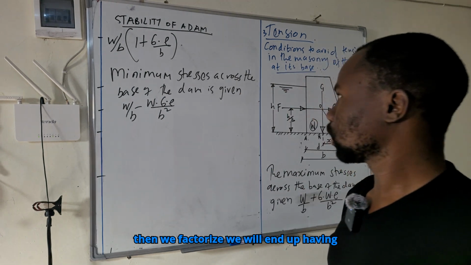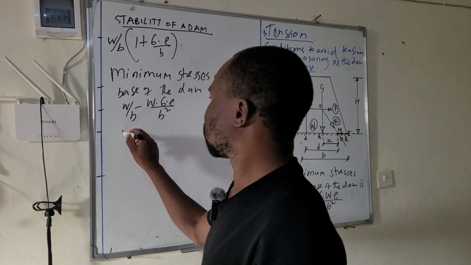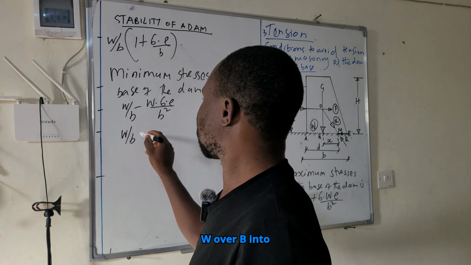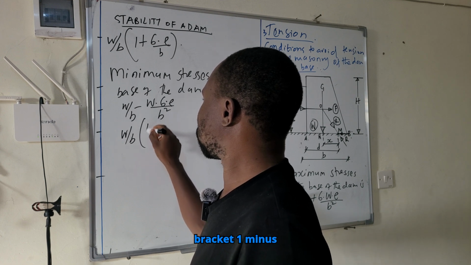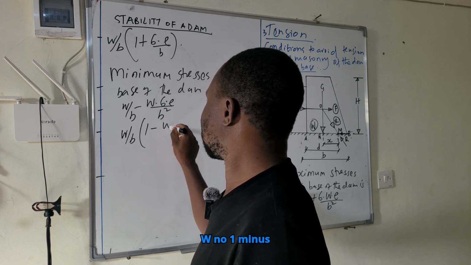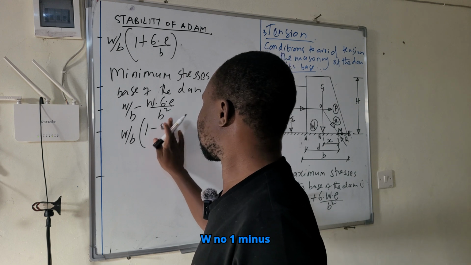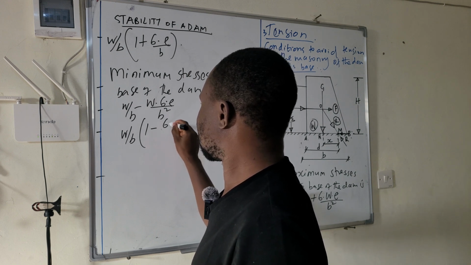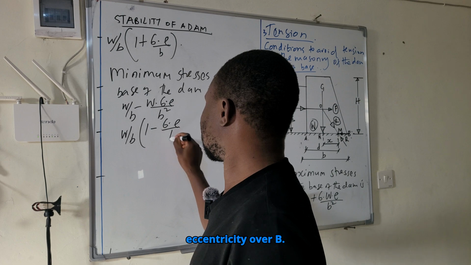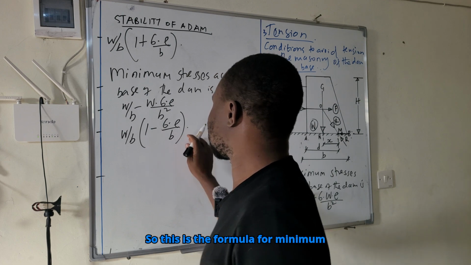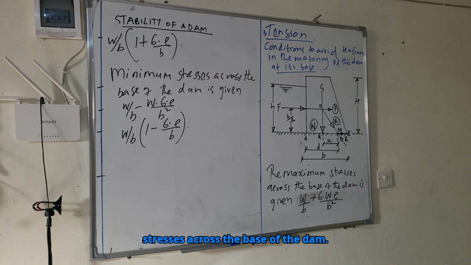Then we factorize, we will end up having W over B into bracket 1 minus 6 eccentricity over B. So this is the formula for minimum stresses across the base of the dam.